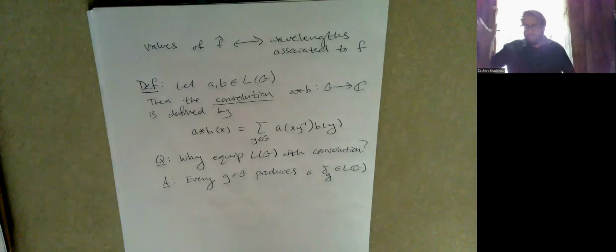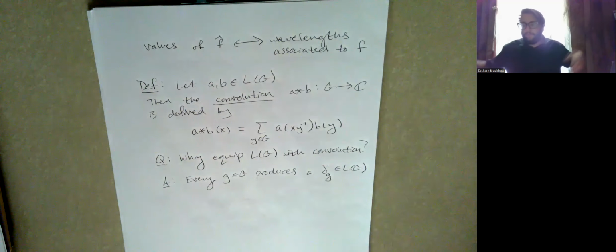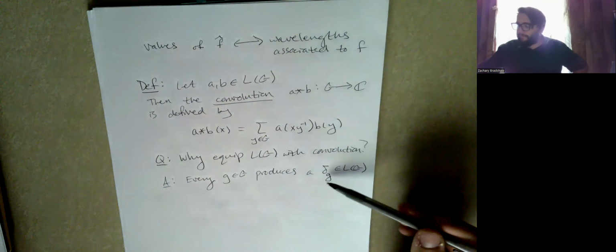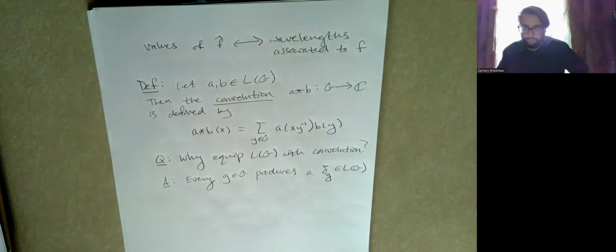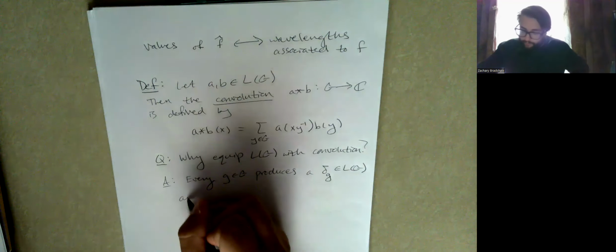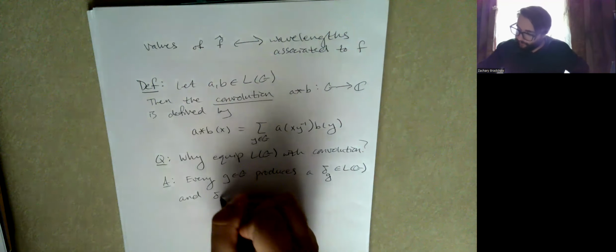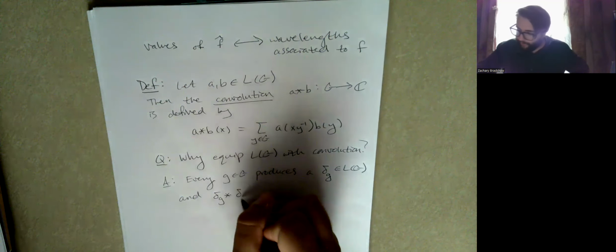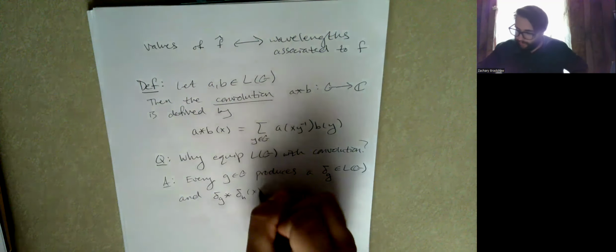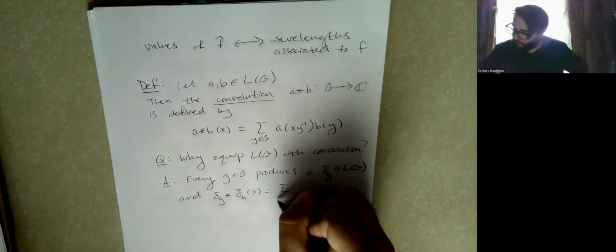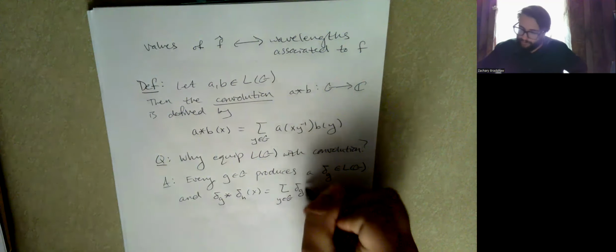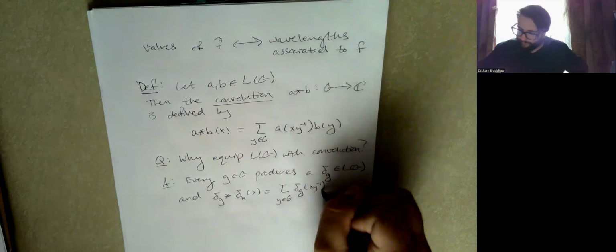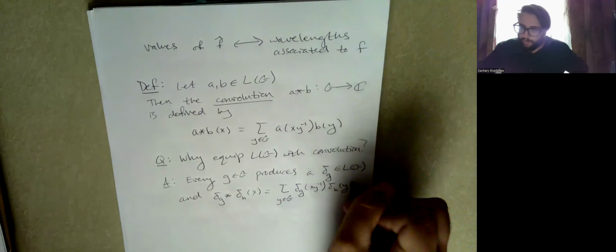This is the Kronecker delta function. It's 1 whenever the element you're applying it to is g, and 0 otherwise. And delta g convolved with delta h, well, this is the sum over y in G, by definition, of delta g of x y inverse, times delta h of y.